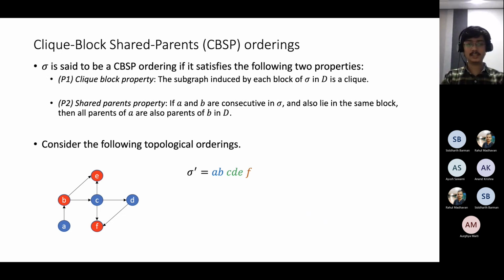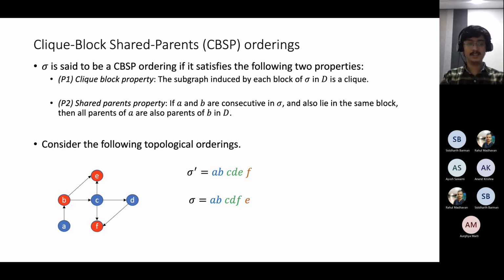Okay. Next, consider the topological ordering sigma, which is A, B, C, D, F, E. Now again, we can see that the blocks A, B, C, D, F, and E are all cliques. Therefore, this ordering sigma does satisfy the clique block property, since the subgraph induced by each block is a clique.